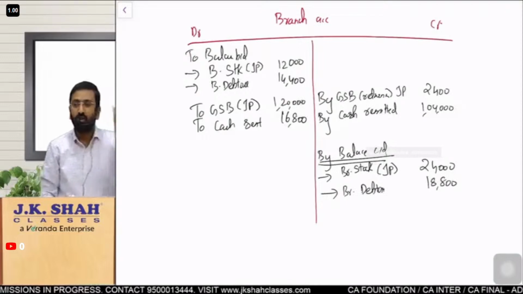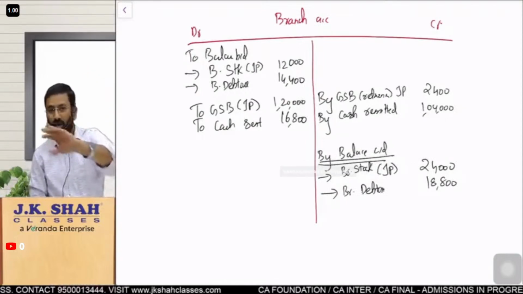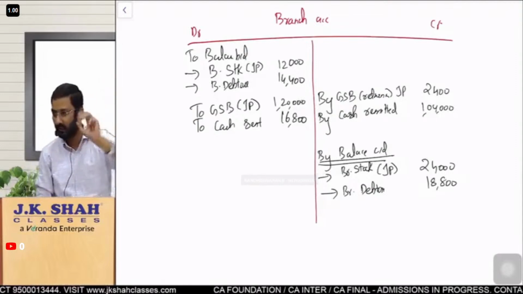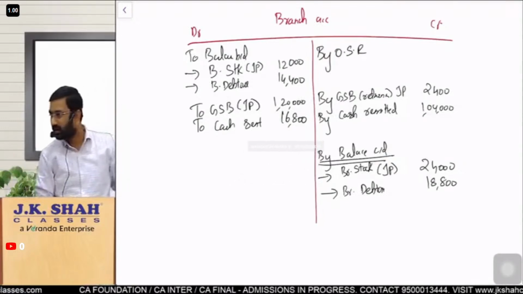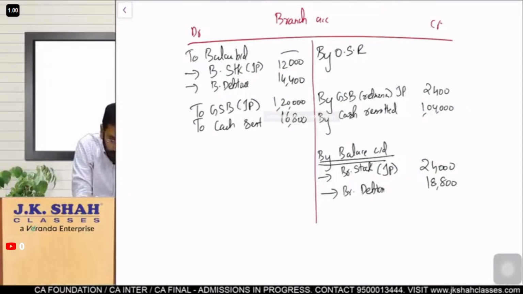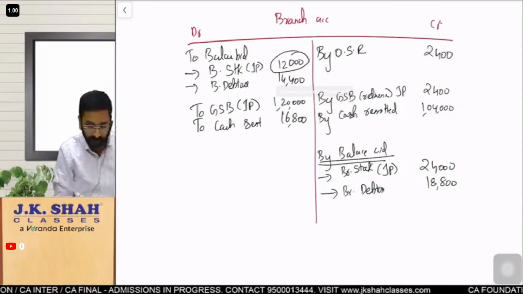Now I should remove 3 loadings. What are they? Opening stock loading, closing stock loading, net goods sent loading. So give me the figures. You already know now. Look at the question. You have calculated all that. Opening stock reserve, 12,000 has a reserve of 2,400, 1 by 5.